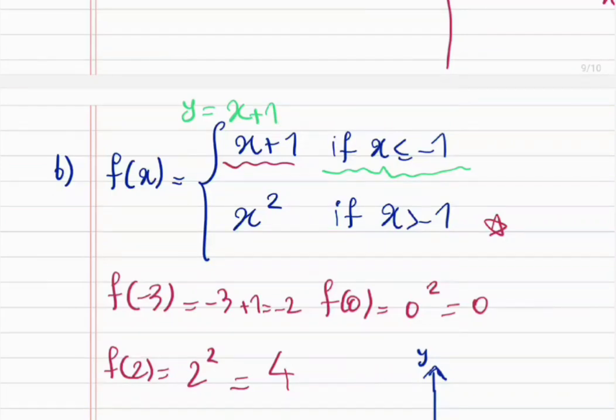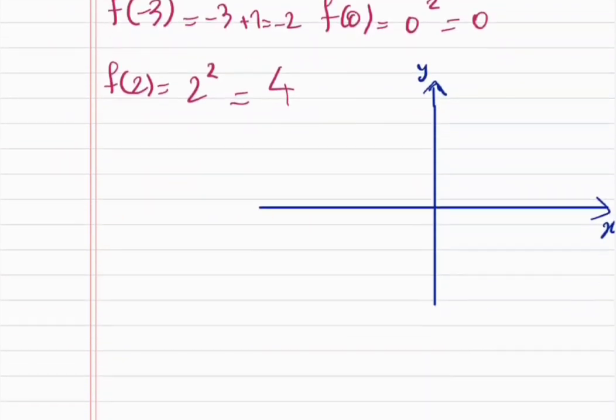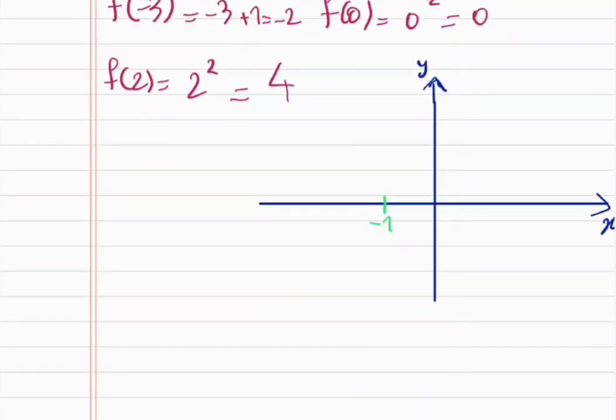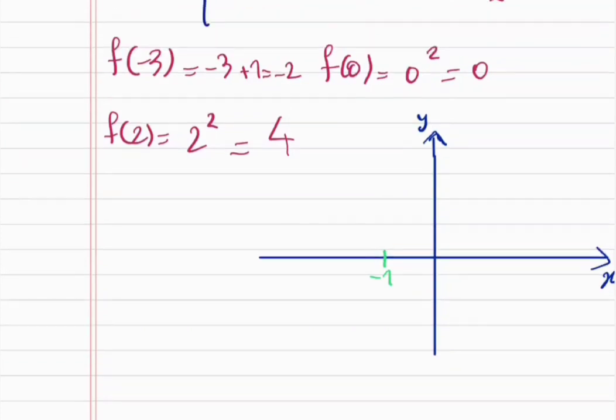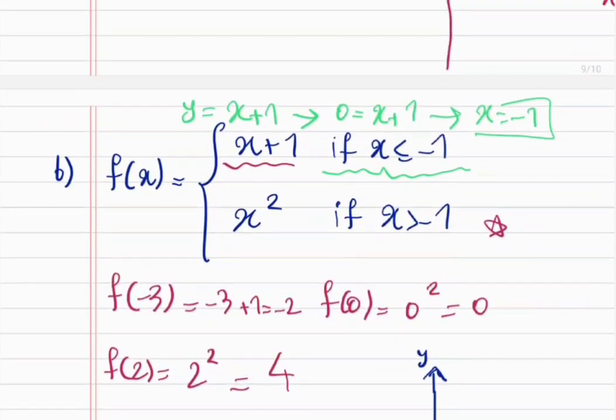If we want to work out the x-intercept of this line, we consider the value of y as 0, and then x is minus 1. So this line has the x-intercept of minus 1. Let's say here is minus 1. And its y-intercept is plus 1.